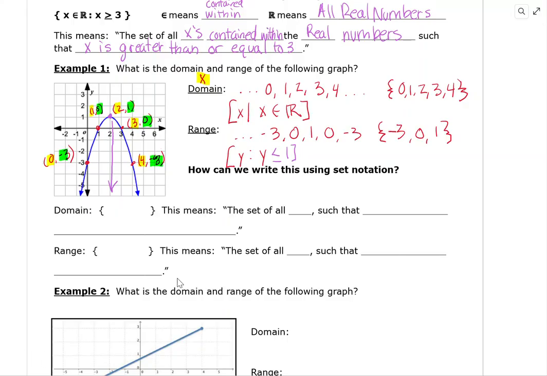Okay, so we just said that our domain is x such that x contained within all real numbers, which means that the set of all x's such that x is contained within all real numbers, so any positive or negative number or 0.